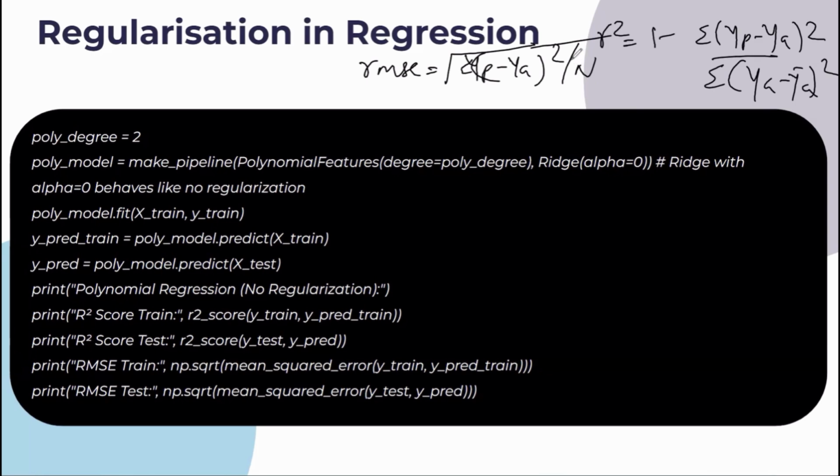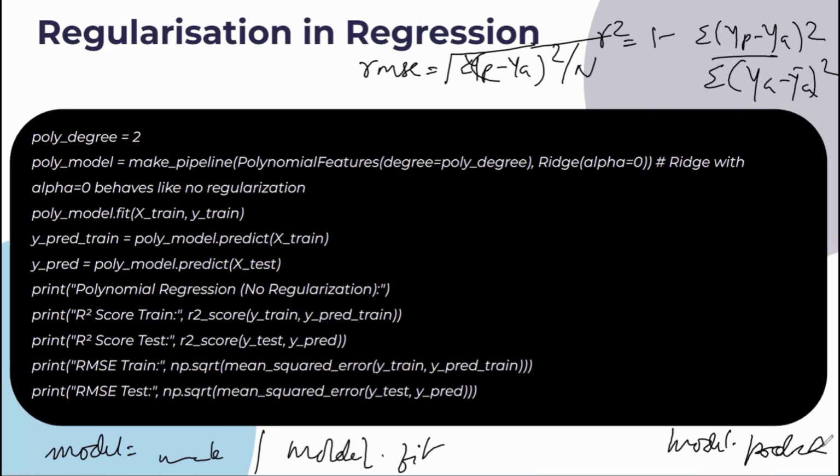And what is my equation? What is my model? So model is equal to make_pipeline. Then I do a model dot fit. Then I do model dot predict. How can I get the constant and the coefficient values? Anybody? What do I have to write to get the constant value or the coefficient value?